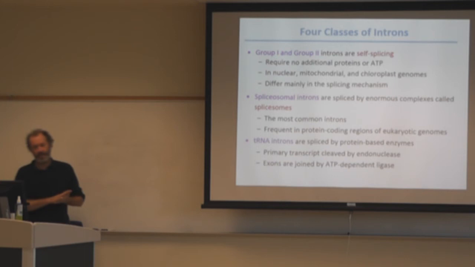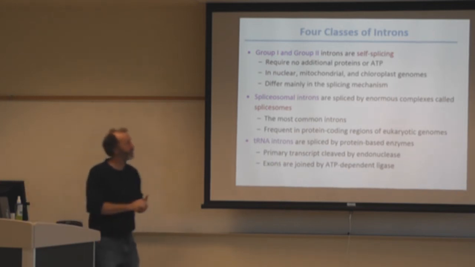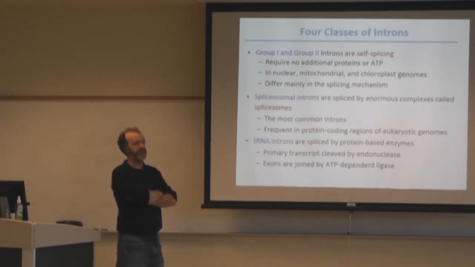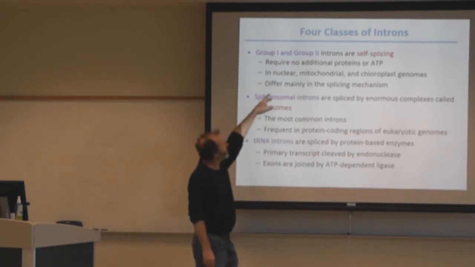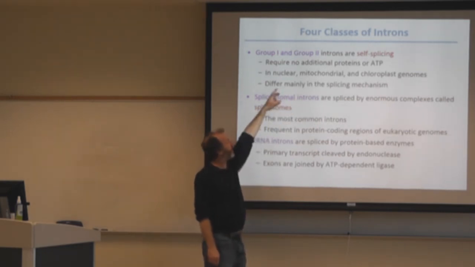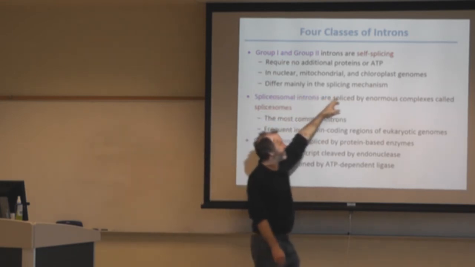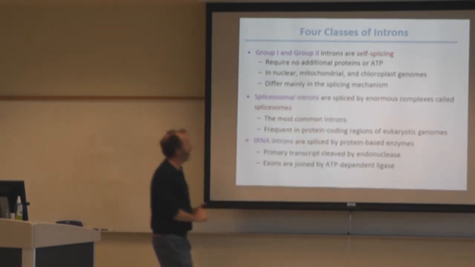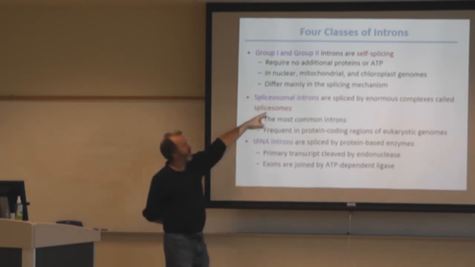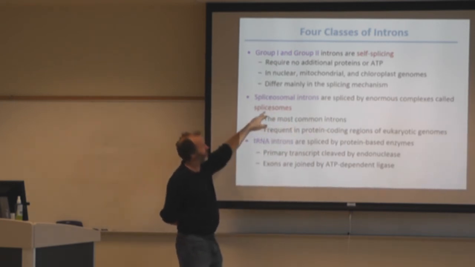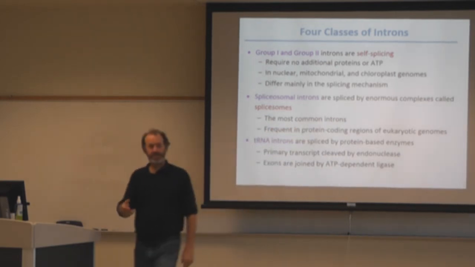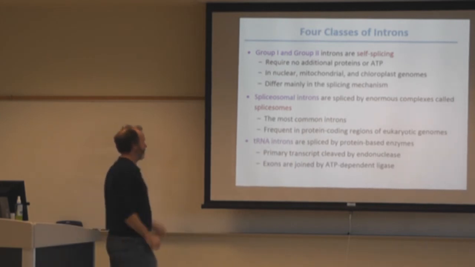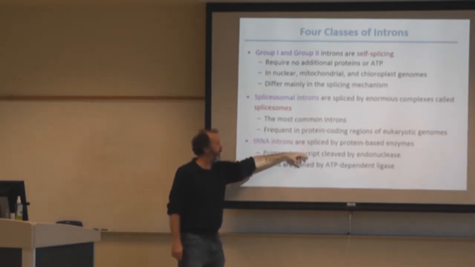There are 4 classes of introns: group 1 and group 2 introns are self-splicing, so the sequence within the intron splices itself. It requires no additional proteins or ATP, and nuclear, mitochondrial, and chloroplast genomes differ mainly in the splicing mechanism. Spliceosomal introns are spliced by enormous complexes called spliceosomes, and they're the most common introns, frequent in protein coding regions of eukaryotic genes.